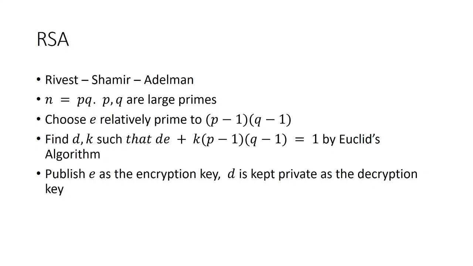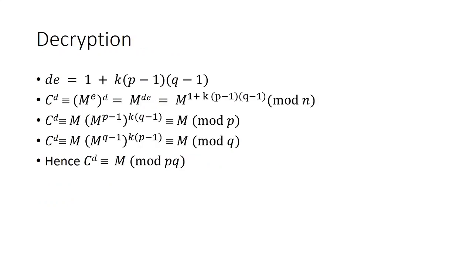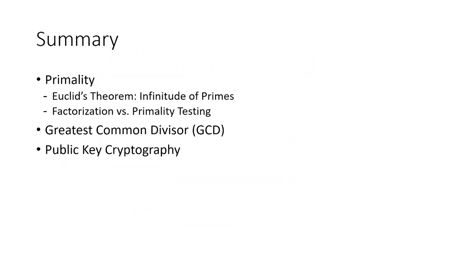It used the multiplication of big, large primes. So they need to make this large prime number combination and find the public key and private key, share their public key, and share their message. They can encrypt and decrypt their message in a very safe way. This is the detail of that.